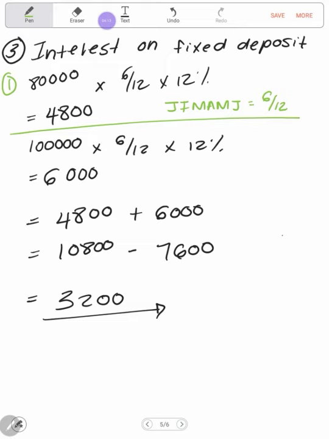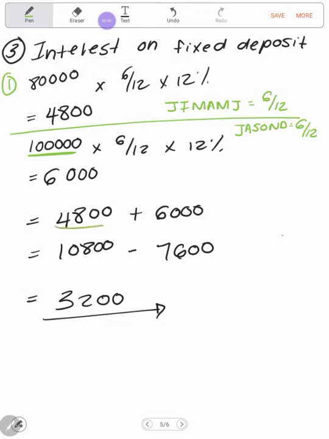Now I need to account for the other half of the year. I had the 80,000 and I'm adding that 20,000, which gives me my fixed deposit, a total of 100,000 times 6 over 12, because remember now from July to December, that is 6 months. So July, August, September, October, November, December, you had that for 6 months as well. So 100,000 times 6 over 12 times the 12%, you get 6,000 Rand.